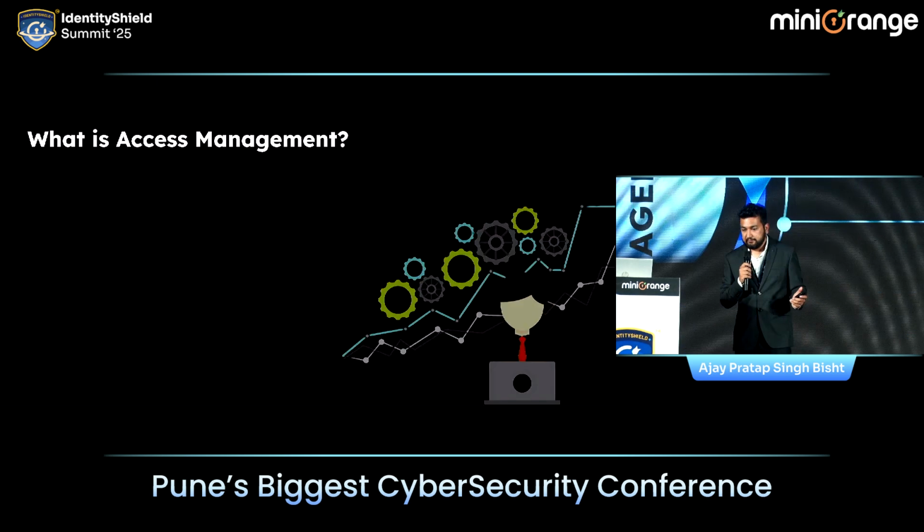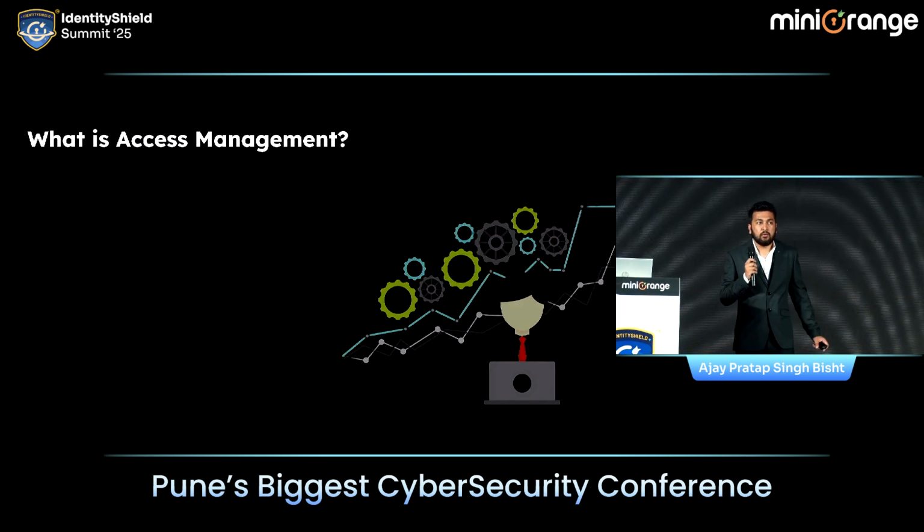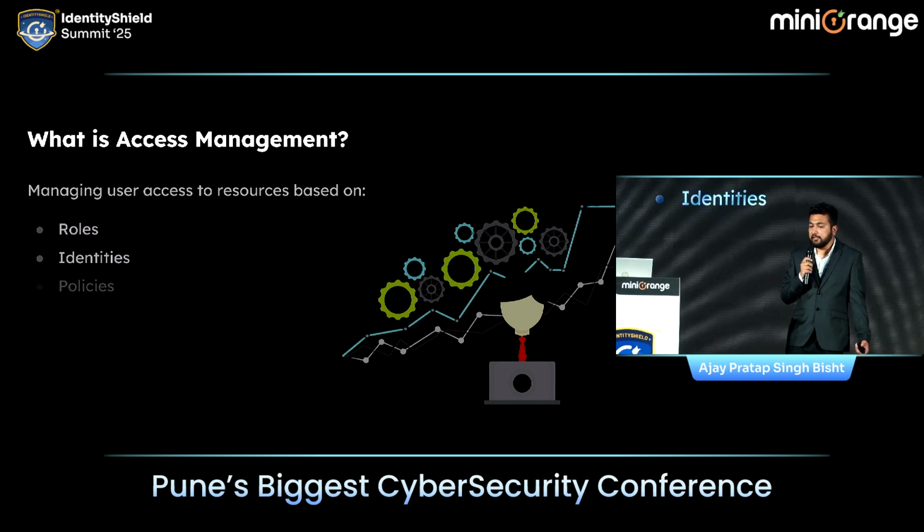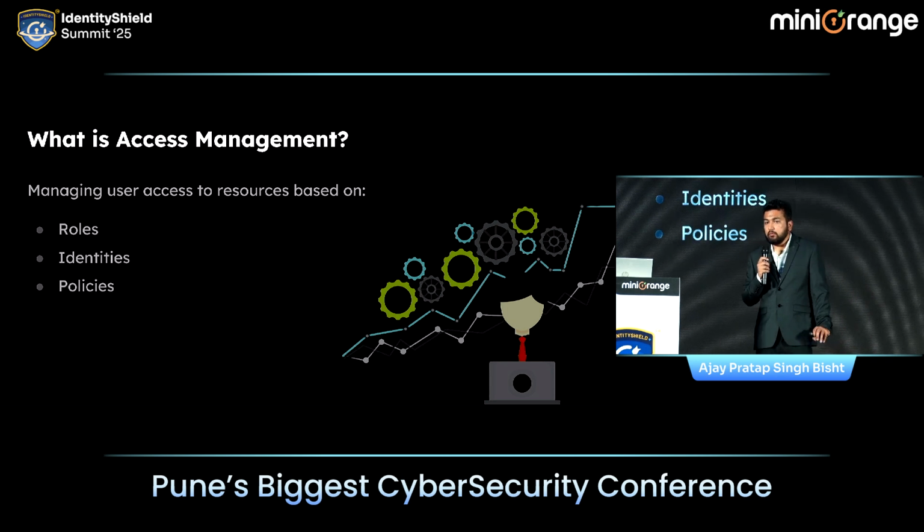Let's move ahead. So basically, what do you understand by access management? Can anyone have any ideas about it? Okay, so access management is basically managing your access based on the resources like policies, roles, and identities. So what are basically roles? So roles are basically like if I have a certain role like a software engineer, it is a role.